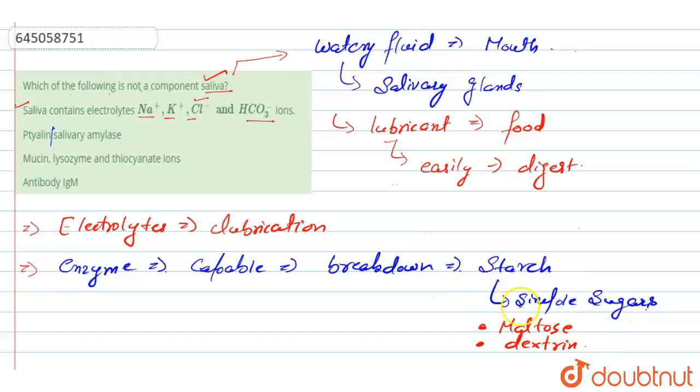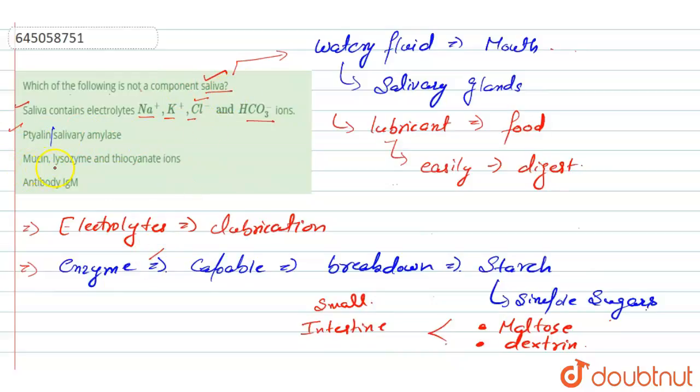So we can say that they break down starch into simpler sugars such as maltose and dextrin, and then both are further broken down in the small intestine. So this option is also correct, that enzymes play an important role in saliva.